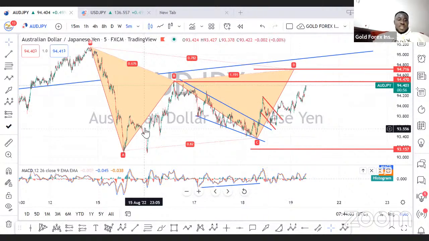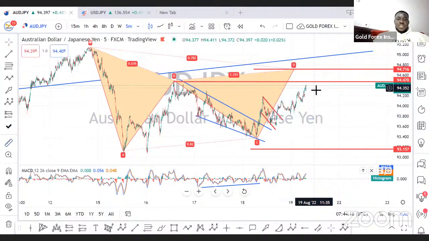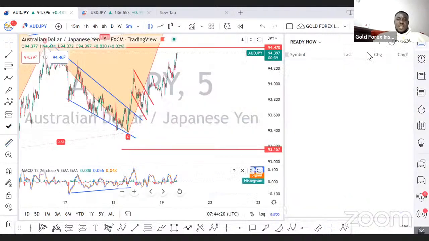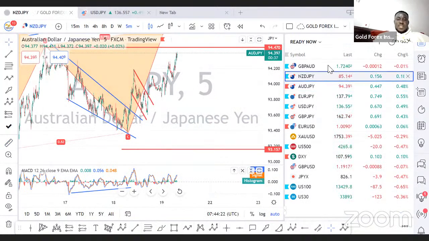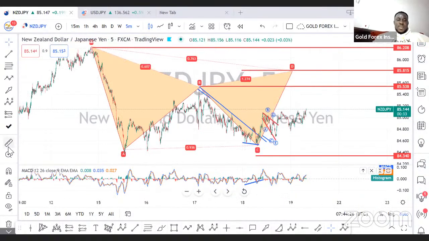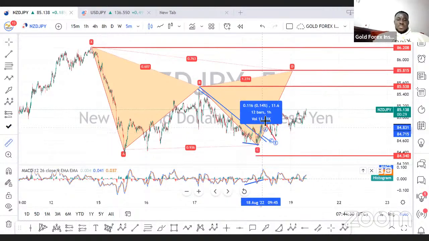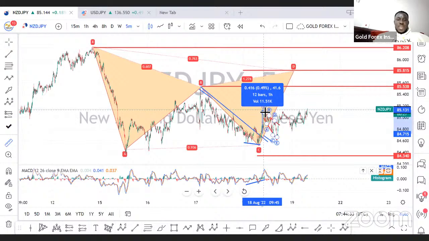So from here to here, let me see the number of pips. We have almost 100 pips here, 99.8 pips that we are grabbing with this trade. The previous one that we did, the NZD-JPY, that one too, we are in 41.